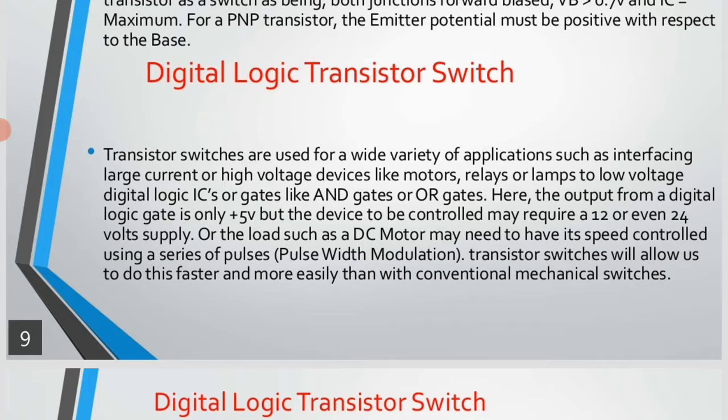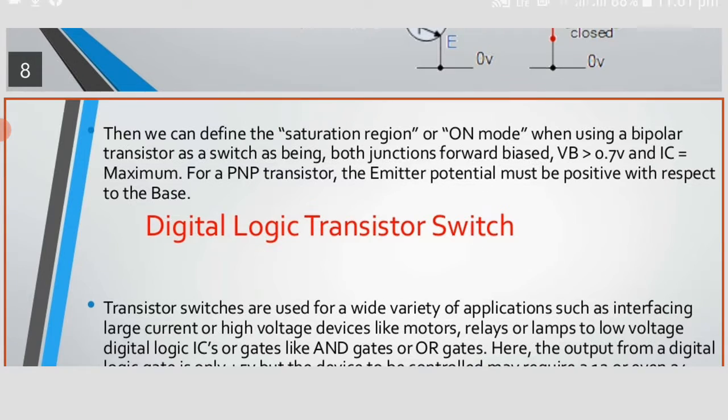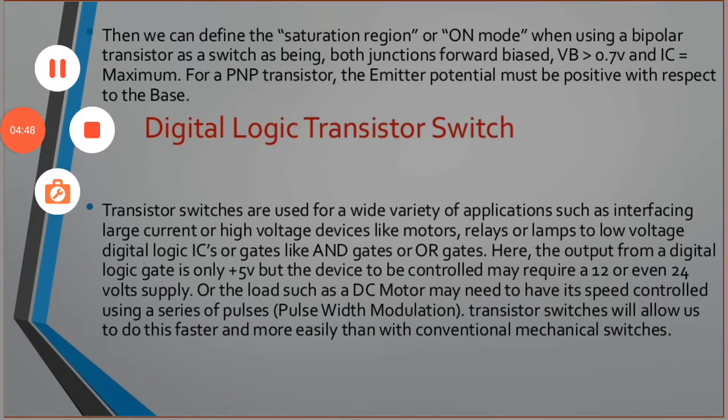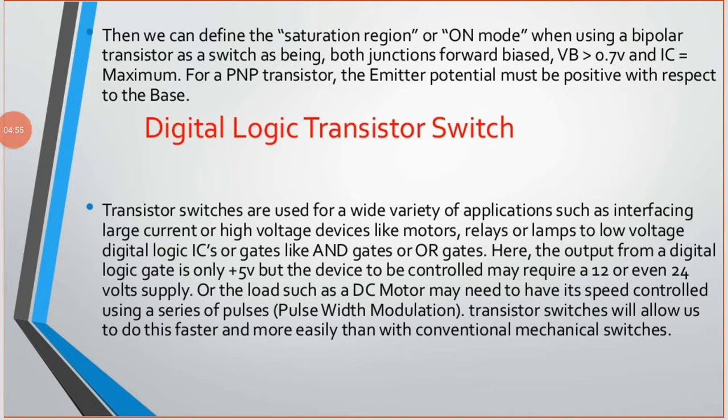Here the output from a digital logic gate is only plus 5 volt and the device to be controlled may require a 12 or even a 24 volt supply, or a load such as a DC motor may need to have its speed controlled using a series of pulses, pulse width modulation (PWM). Transistor switches will allow us to do this faster and more easily than with conventional mechanical switches.